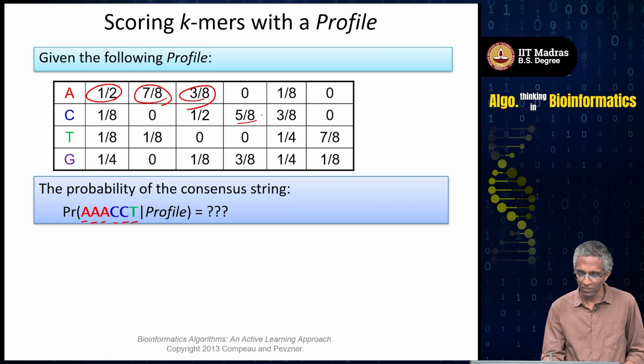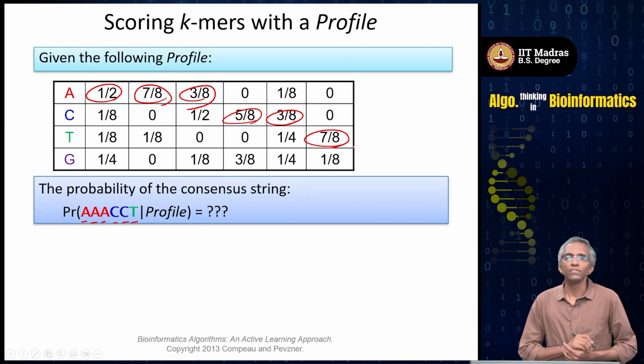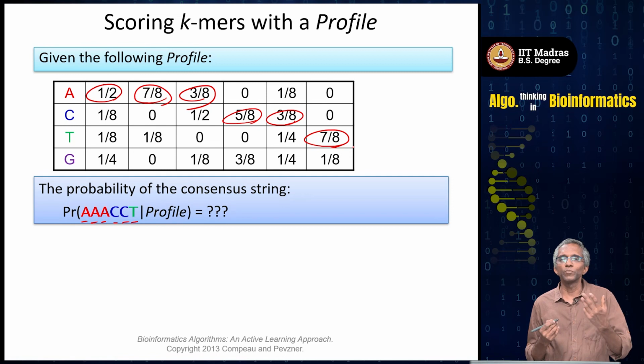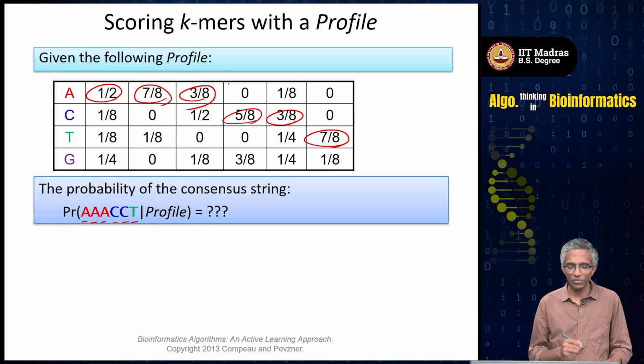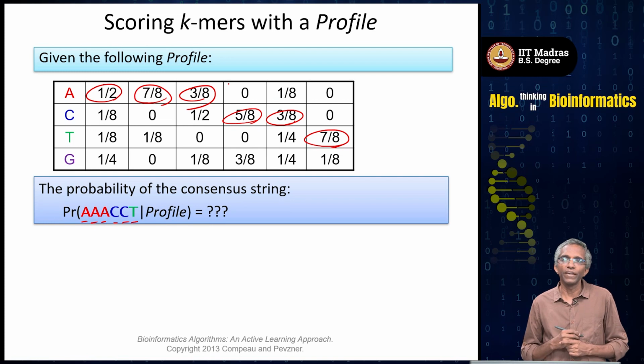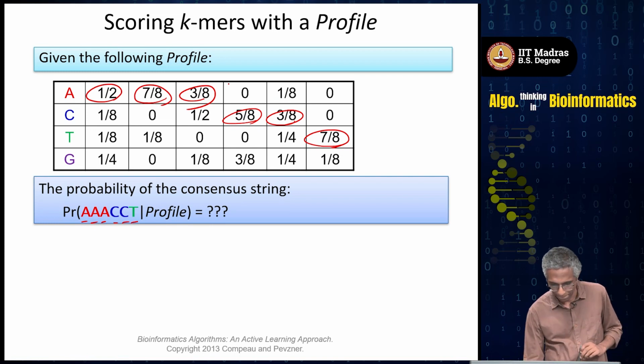So, this has to be C, this is another C, and then you have a T which is 7 over 8. All of these circled red numbers, if you multiply them together, give the probability that the profile matrix shown at the top generates the k-mer AAACCT, when you throw this set of k dice.